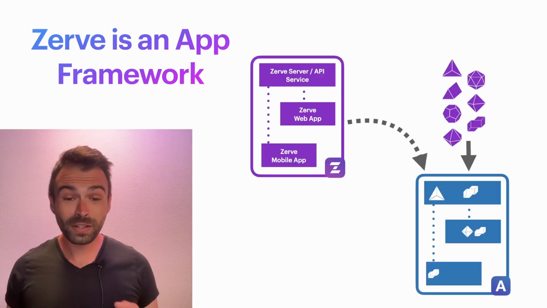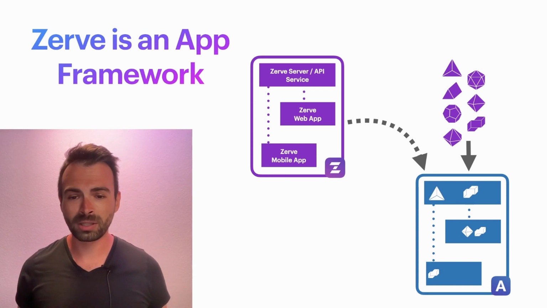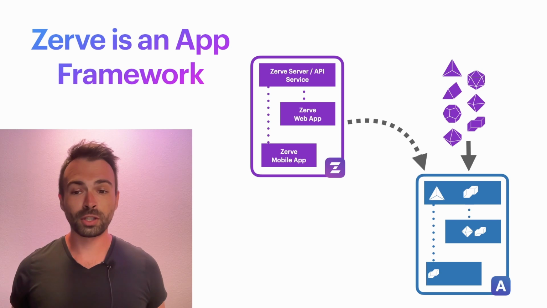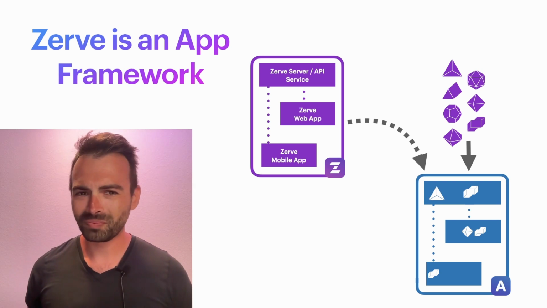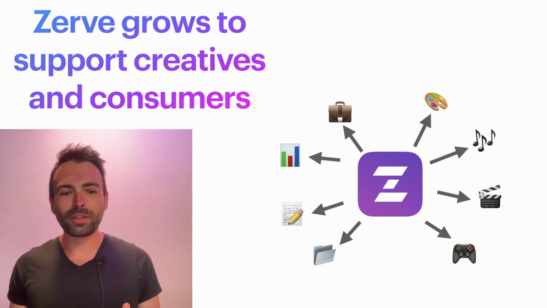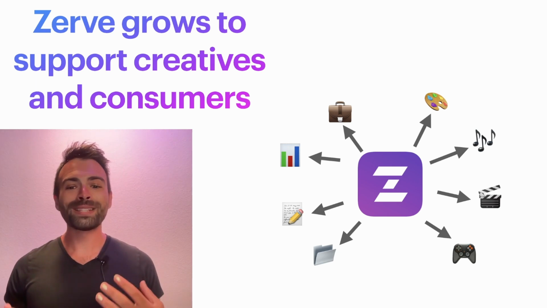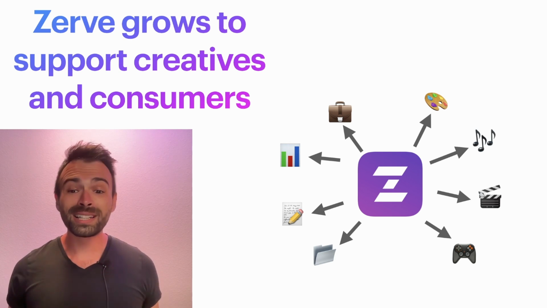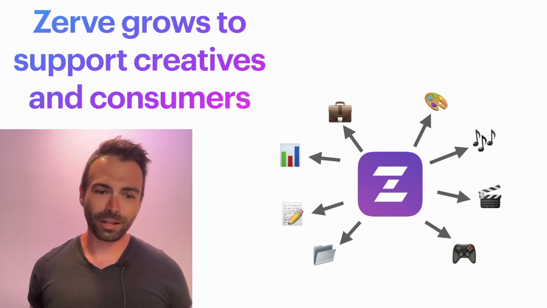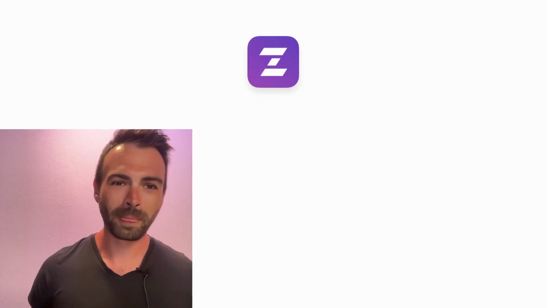Yes, Zerve is an open source framework that helps your developers build their next application, and it can help them add features to your current application. But it's not the only way to build an app. Unlike every other content management system and app framework out there, Zerve is meant to grow to directly support businesses, educators, and creatives. And this is what I think is incredibly powerful.